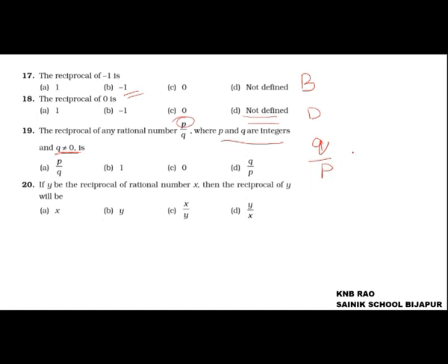The right option is D. Next, if y is the reciprocal of rational number x, then the reciprocal of y will be x. We learnt that if the product of any two numbers is equal to 1, one is called the reciprocal of the other. So I have discussed 20 MCQ questions with you.